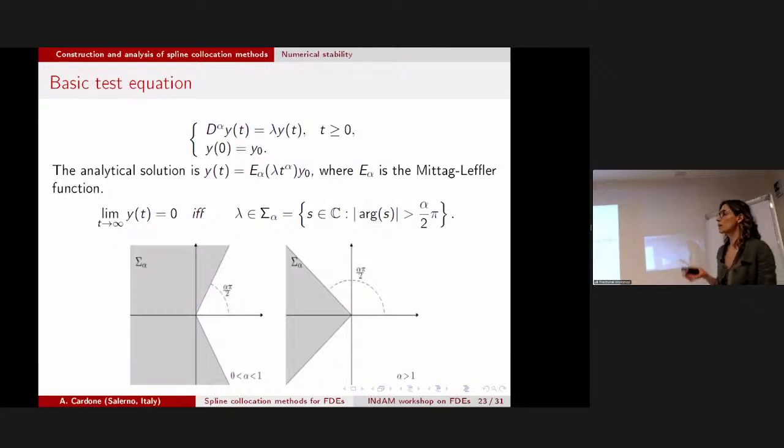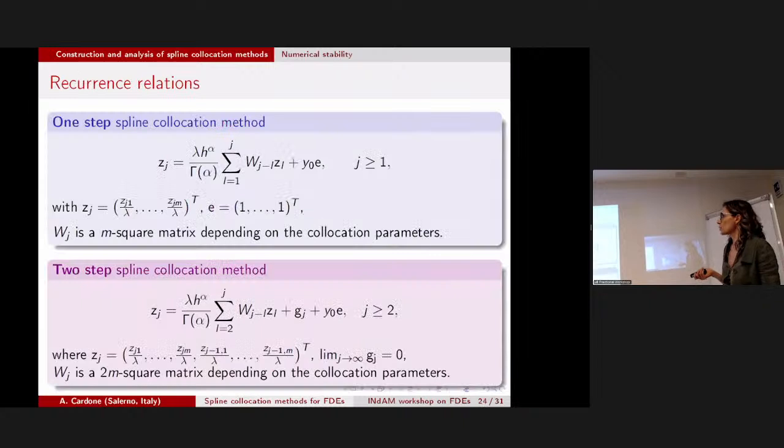And so we are looking for conditions to impose on numerical methods to obtain a similar behavior from the numerical approximation. So we applied the one and two-step collocation methods to this equation, and we found these recurrence relations.